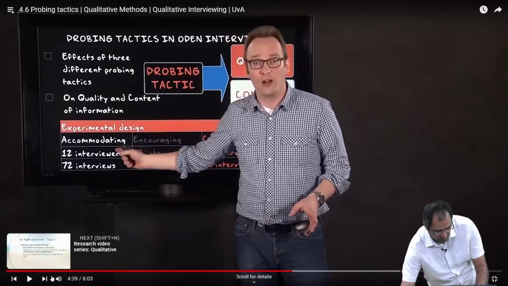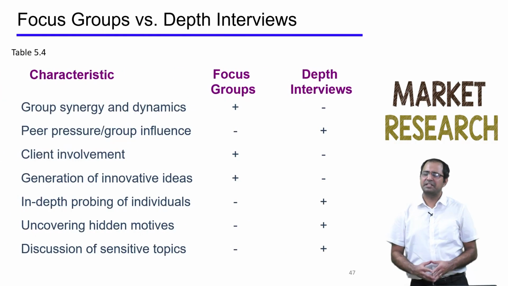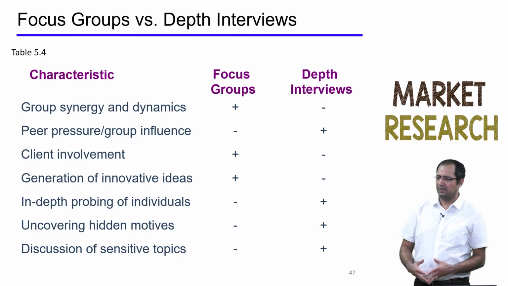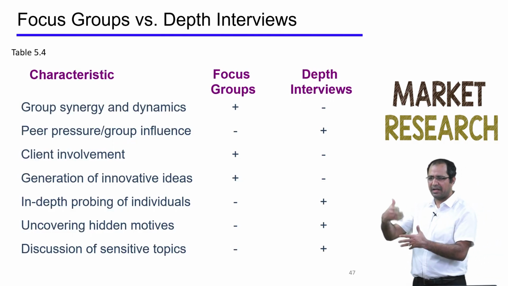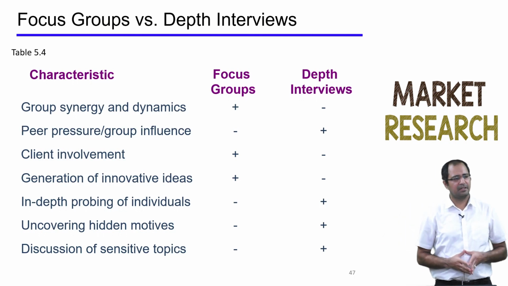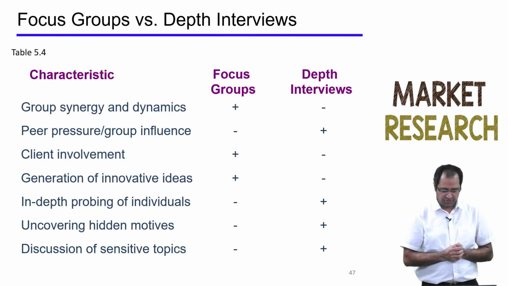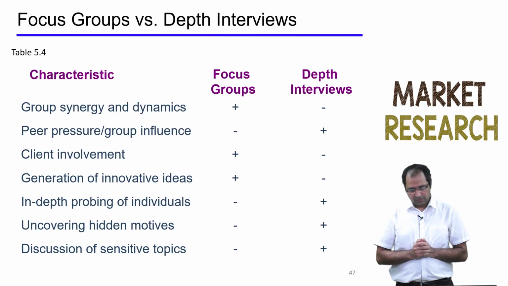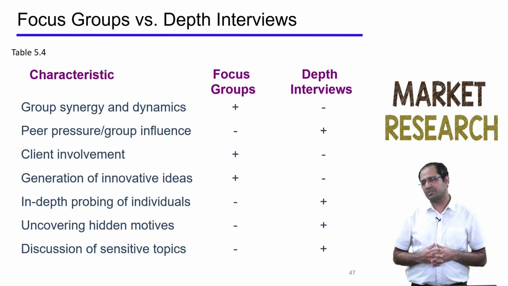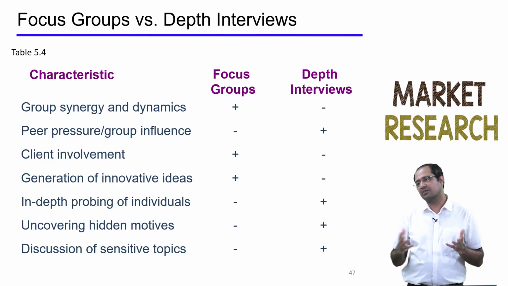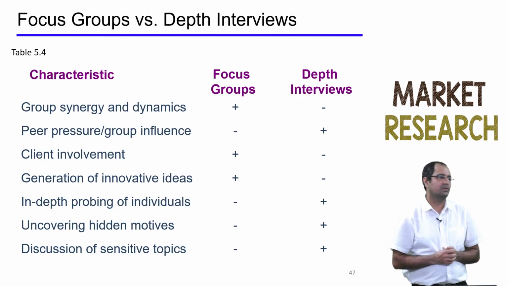I trained 12. He also explained the three probing tactics better than I did, because he had more examples to share. And he is an expert in in-depth interviews, so I also watch his videos. He has an entire course on in-depth interviews and so on.